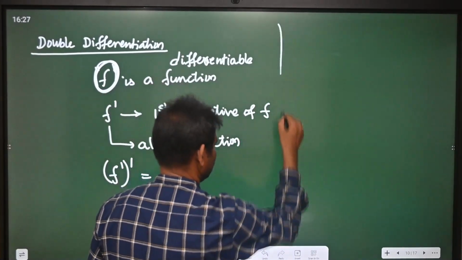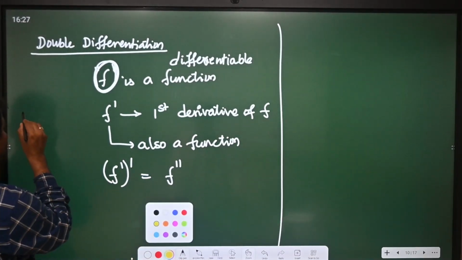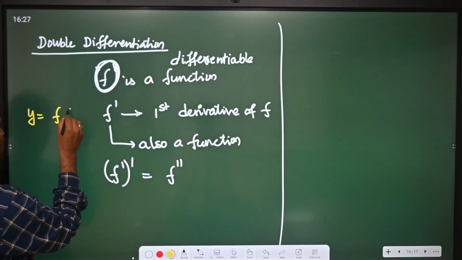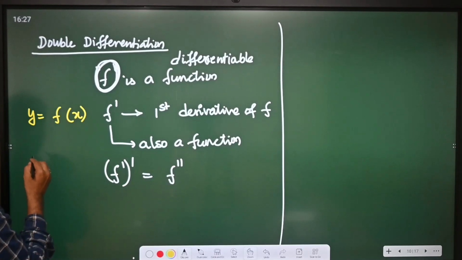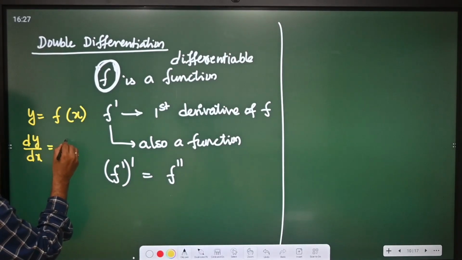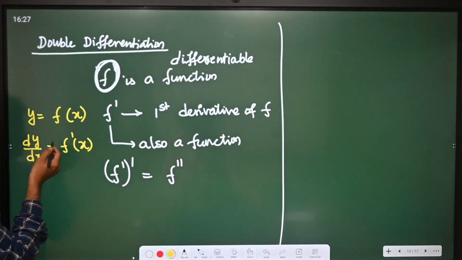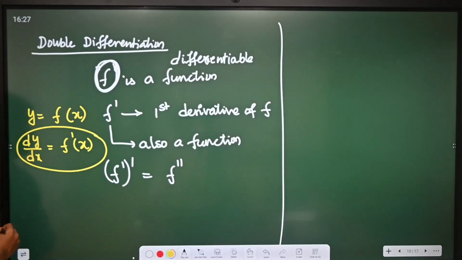For example, the given function y is equal to f of x. Now you can write dy by dx as f dash x or f prime x. This is called the first derivative of y.